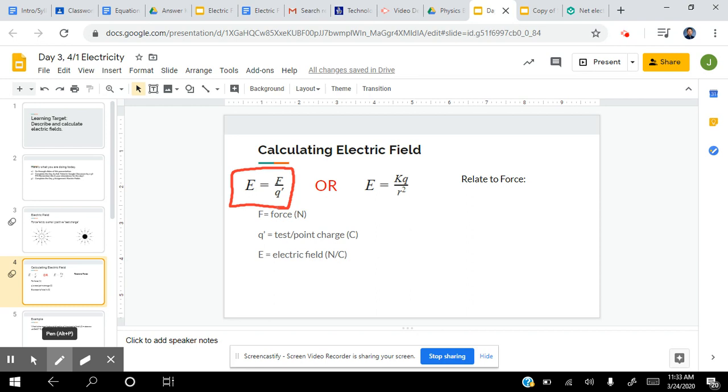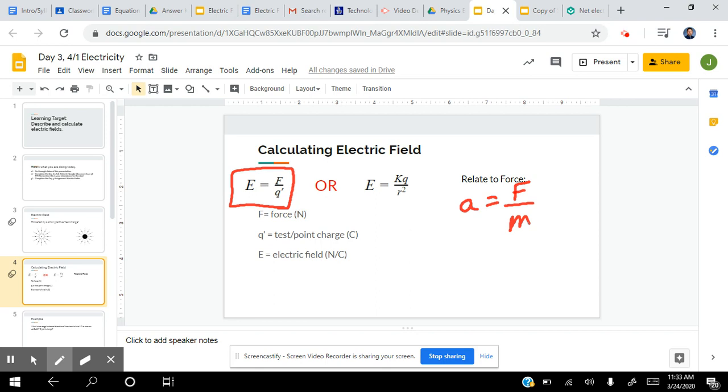We know from first trimester, or the first half of this class, our acceleration was equal to force divided by our mass. Okay, or F equals ma, right? So if you want to think about it this way, it can kind of help you to understand what exactly electric fields really are solving for.